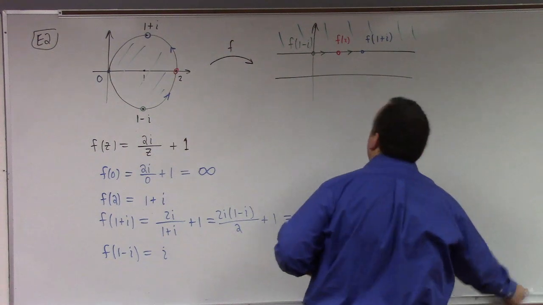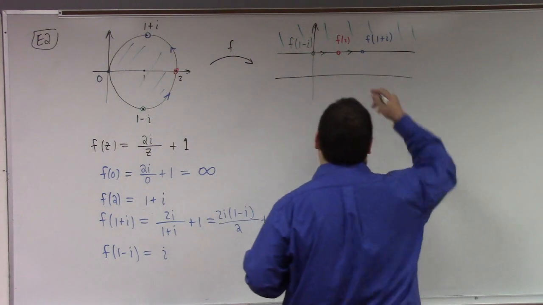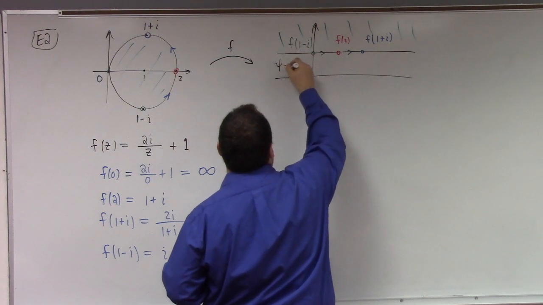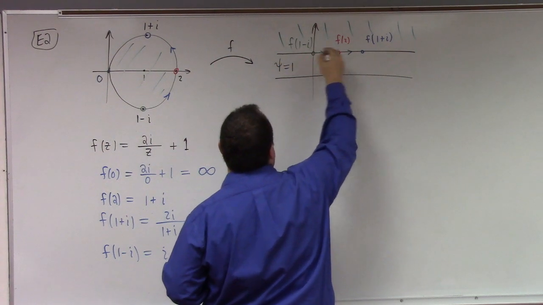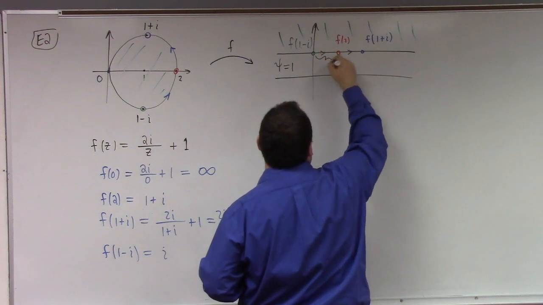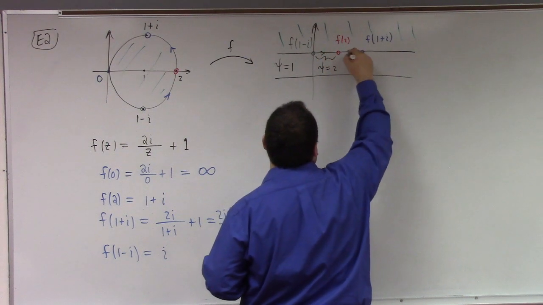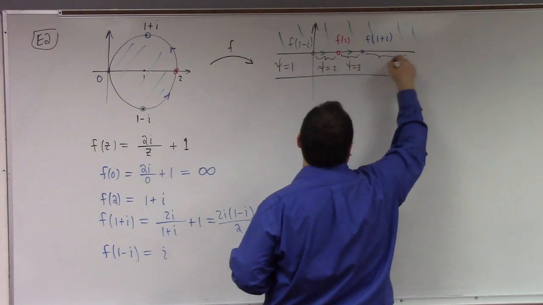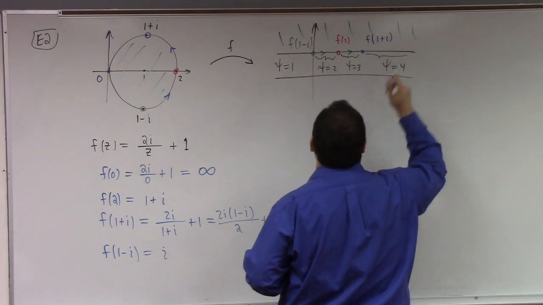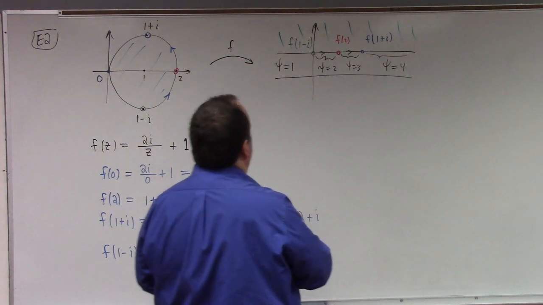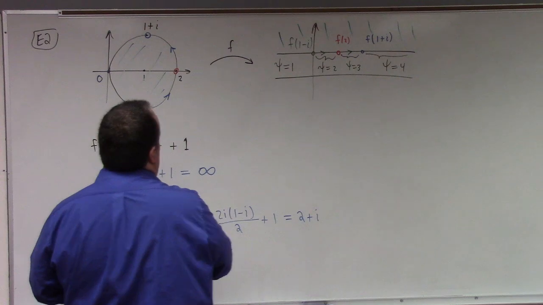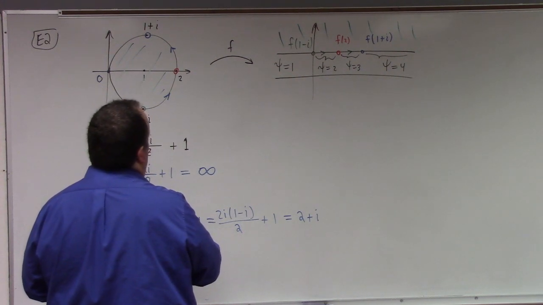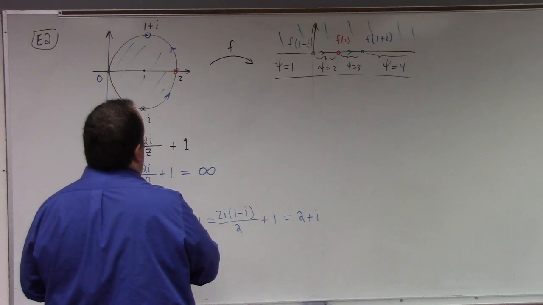But what if we were to attempt to put over here psi equals 1, and then from here to here psi equals 2, and then from here to here psi equals 3, and then over here psi equals 4. Could we do that? And if we did that, would it even be a reasonable thing to try?